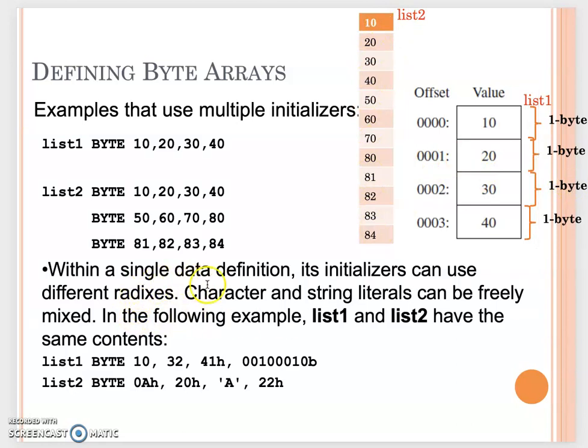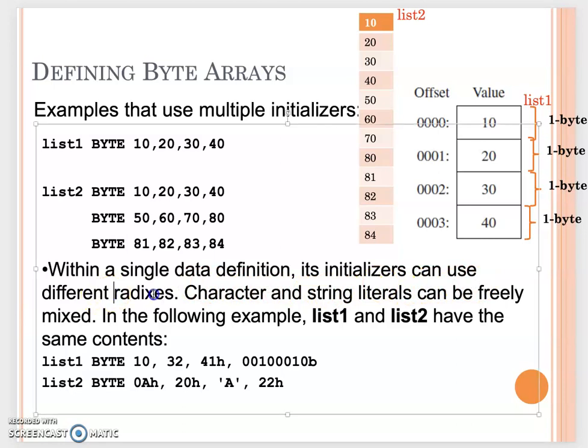So within a single data definition, the initializer can use different radixes. Here, if we don't specify, that means decimal in the programming language in your source code. But you can also use character or string literals. From the following example, that's all numbers here, but they also can be like this.